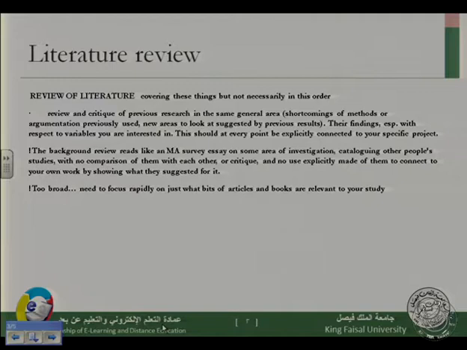Don't have a too broad literature review. You can, for example, in language acquisition, define language acquisition, mention the theories of language acquisition, and then select the theory relevant to you. You don't need to explain everything. Don't make it too broad. Try to make it as relevant to your research as possible, as specific as possible.